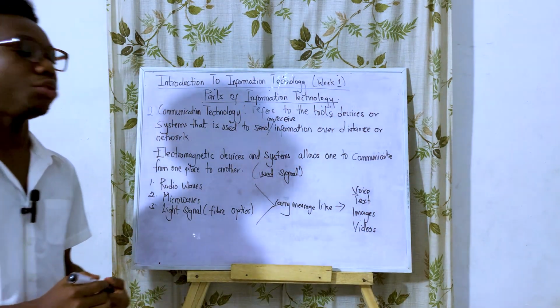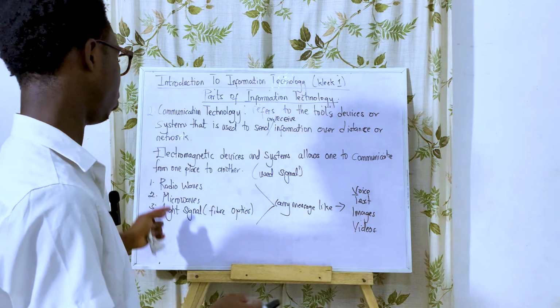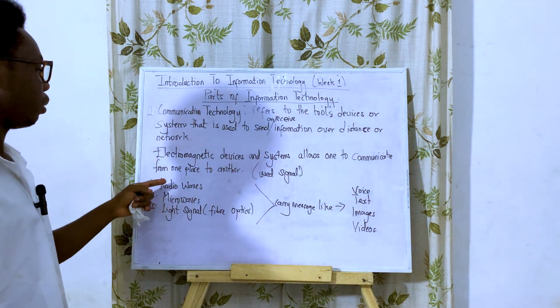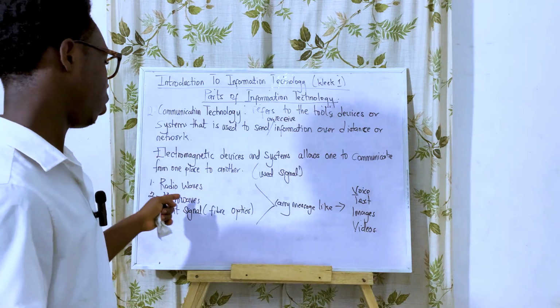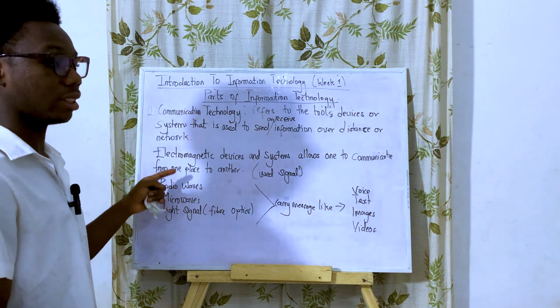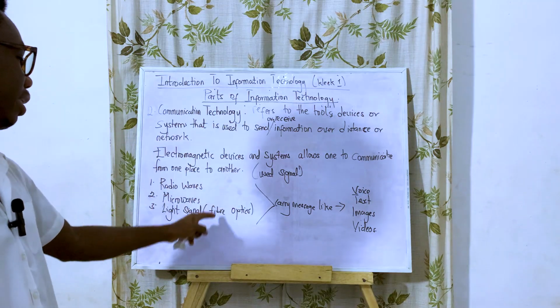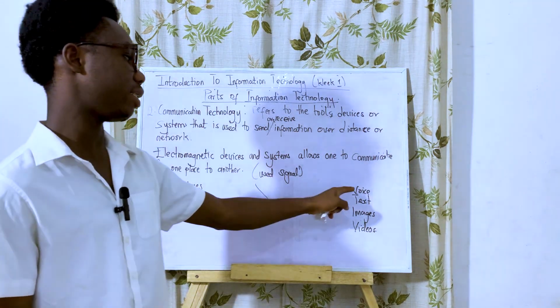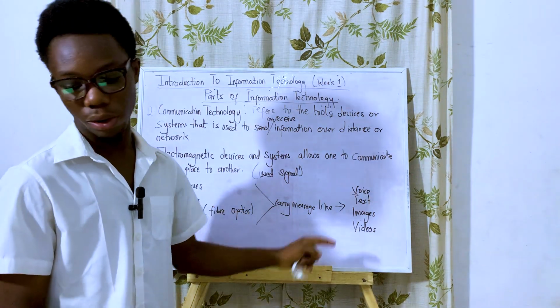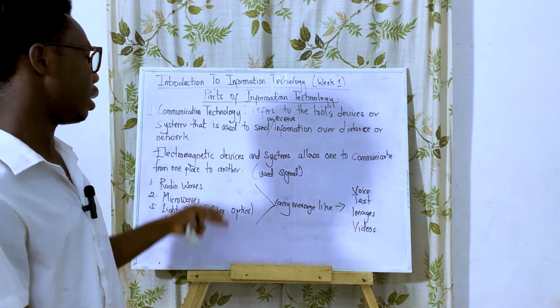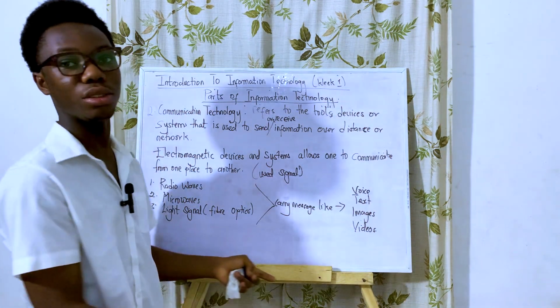When you get to level 200, you'll be doing networking, so you understand all these. When we say electromagnetic or some of these signals, you understand everything. So now, these waves or this signal carries messages like text, voice, images, or videos. So these are all parts of the communication. This allows communication to take place.